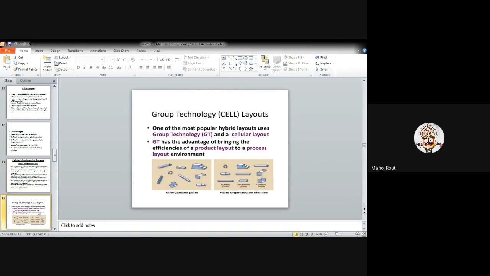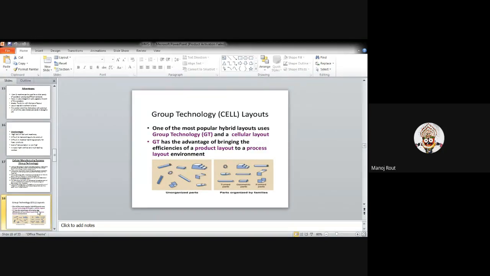So here in the particular figures, if you employ group technology, that means one of the most popular hybrid layouts, used in the case of group technology, is the cellular layout. The basic advantage of group technology is that it brings the efficiency of product layout to a process layout environment. So in the first figure, this is the ungrouped product.